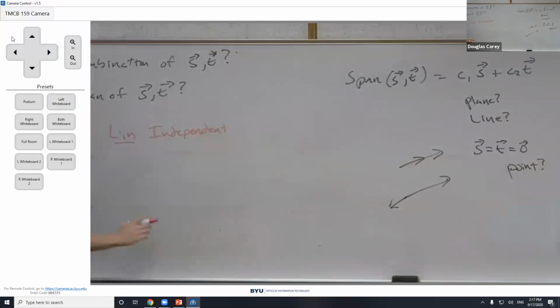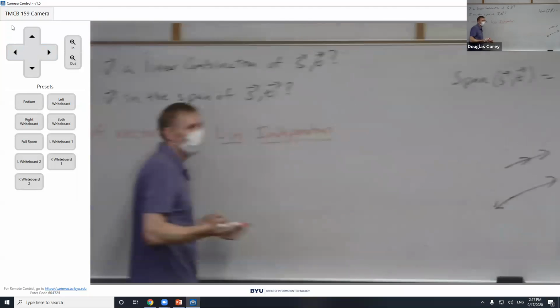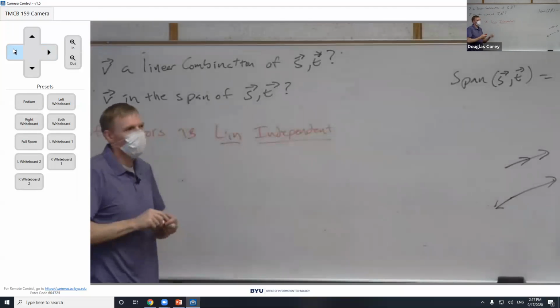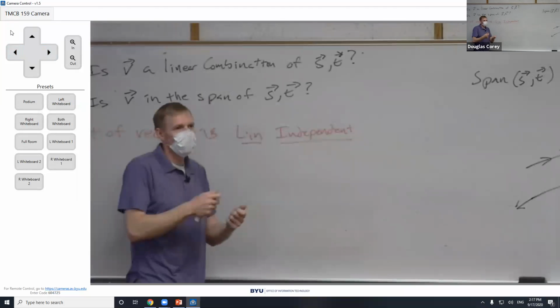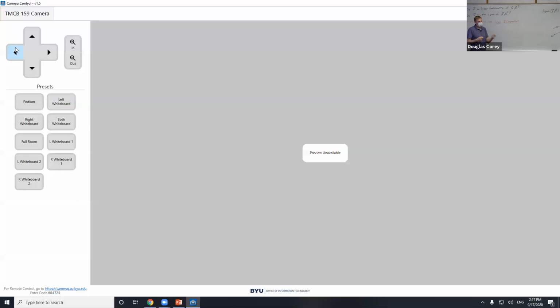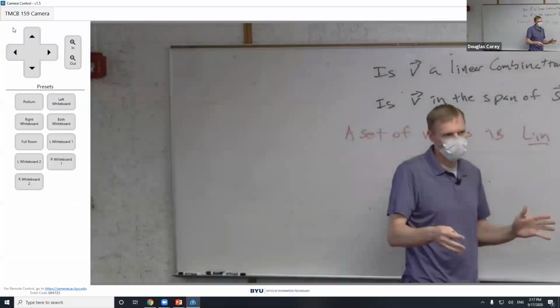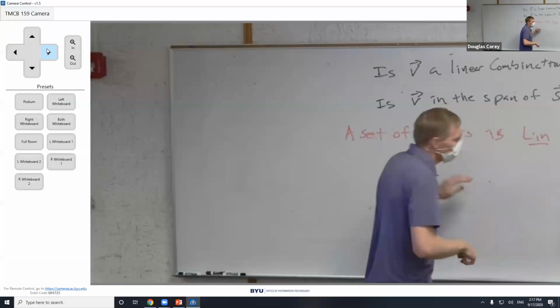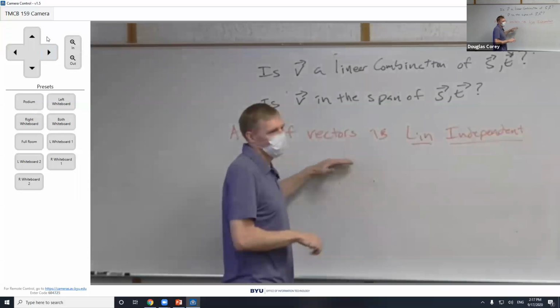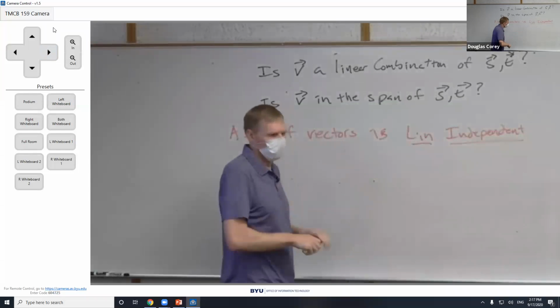The intuitive idea is if you can make one of the vectors by taking linear combinations of the other vectors, then they're dependent. But the definition the book gives and the place that they start looks a little odd at first.